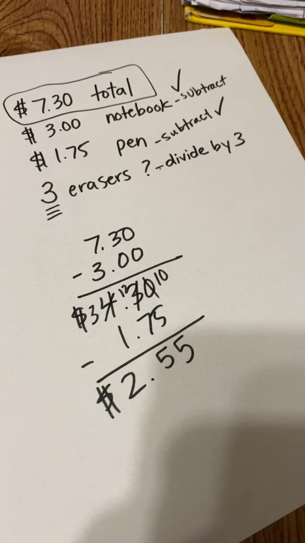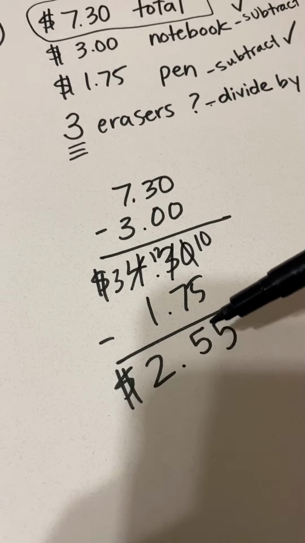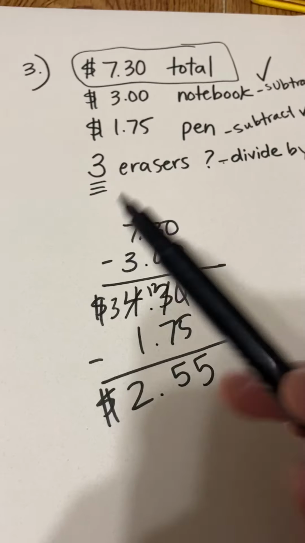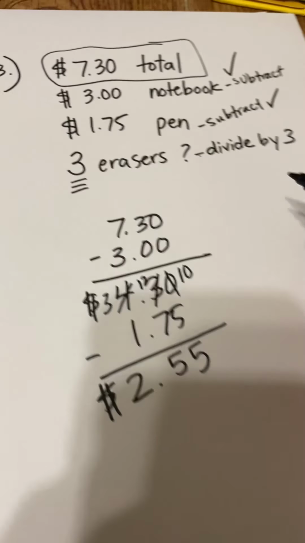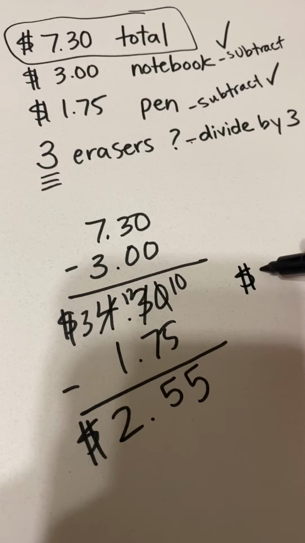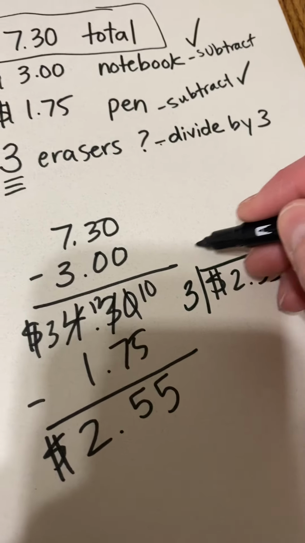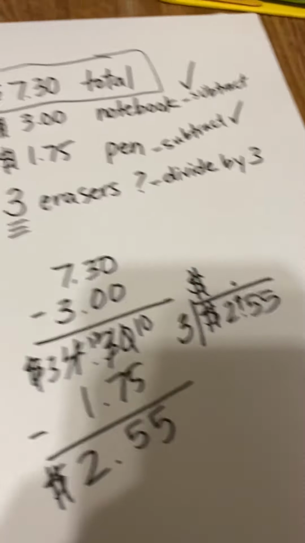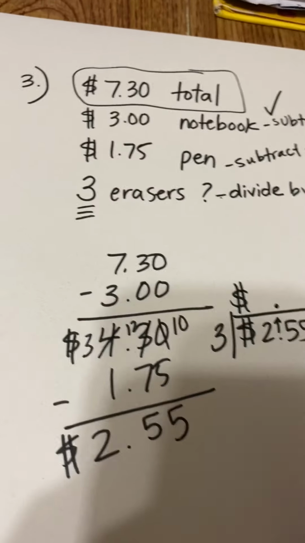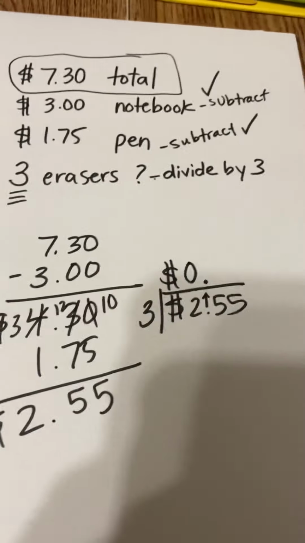Okay, so after subtracting the pen, I have $2.55. So now the last thing we need to do is take that final number we found so far and divide it by 3, because that's how much the erasers should have cost altogether when you added them up. So let's see. Take $2.55 and we're going to divide it by 3. I'm going to bring up my decimal because there's no decimal in the divisor, so I'm good. 3 does not go into 2, so I'm putting a 0 since this is money.